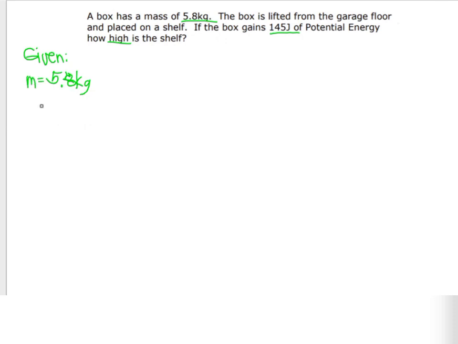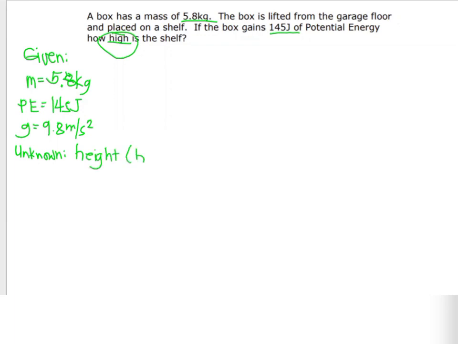Okay, then meron din tayo dito 145 joules, and 145 joules is of course your potential energy. Then another given is of course acceleration due to gravity, 9.8 meters per second squared ang value. And what is our unknown? Our unknown here is how high. Diba? So we are looking for the height of the shelf or h.